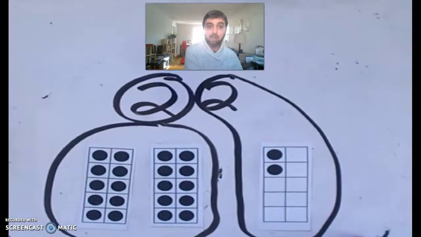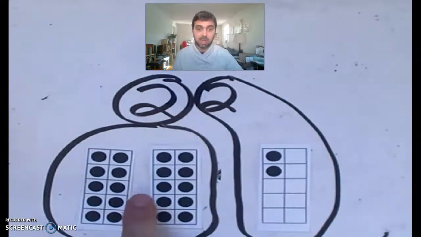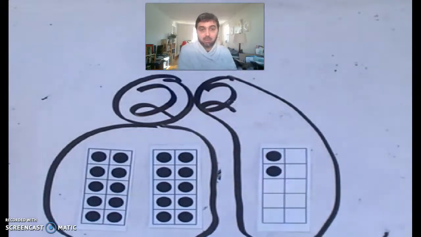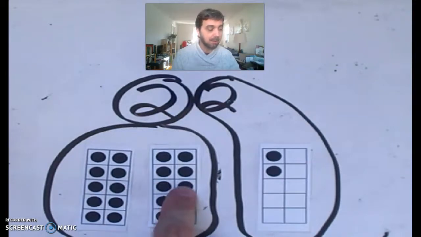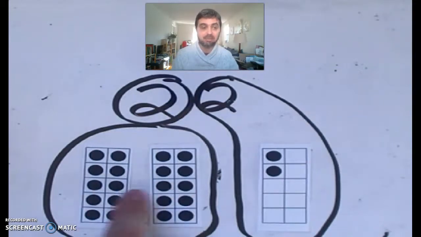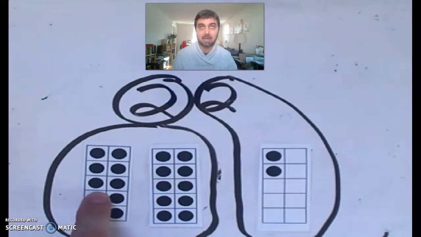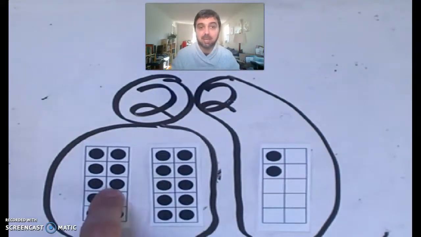Even though they're both 2s, they mean very different things. This 2 means 20. This 2 just means 2 1s, just 2 regular. If these were cookies, this 2 means 2 baking sheets of cookies with 10 cookies on each pan, cooking sheet, whatever you want to call them. So this means 20 cookies.